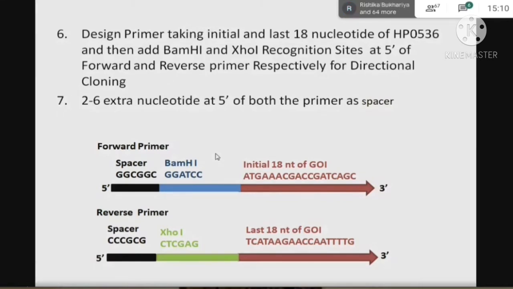Again, you have to check the orientation of the promoter, and where the restriction site you are selecting is. Based on that, you select the reverse and forward primers. So this is the restriction site and this is a spacer sequence.